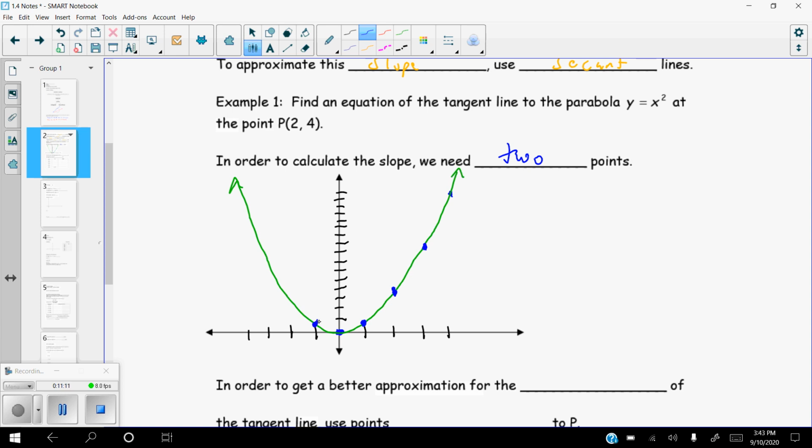Let's say that I wanted to find the slope of the tangent line that hits 2, 4. The first thing I'm going to do is sketch that tangent line. The point 2, 4 is right here. I want to sketch a tangent line, which means it can only hit the curve once. So I'm going to try sketching it that way and then that way. Again, I'm going to make my dot a little bigger because I didn't really hit my line like I should have.